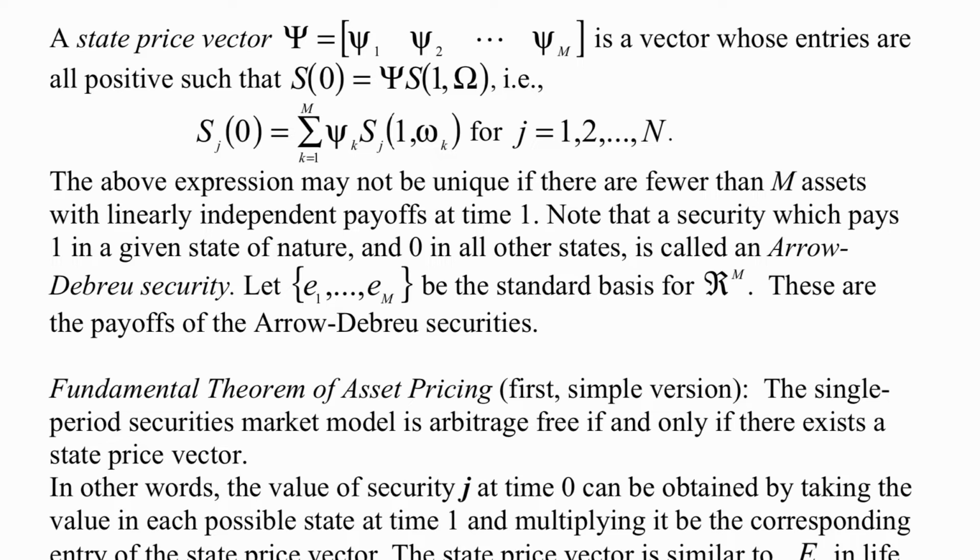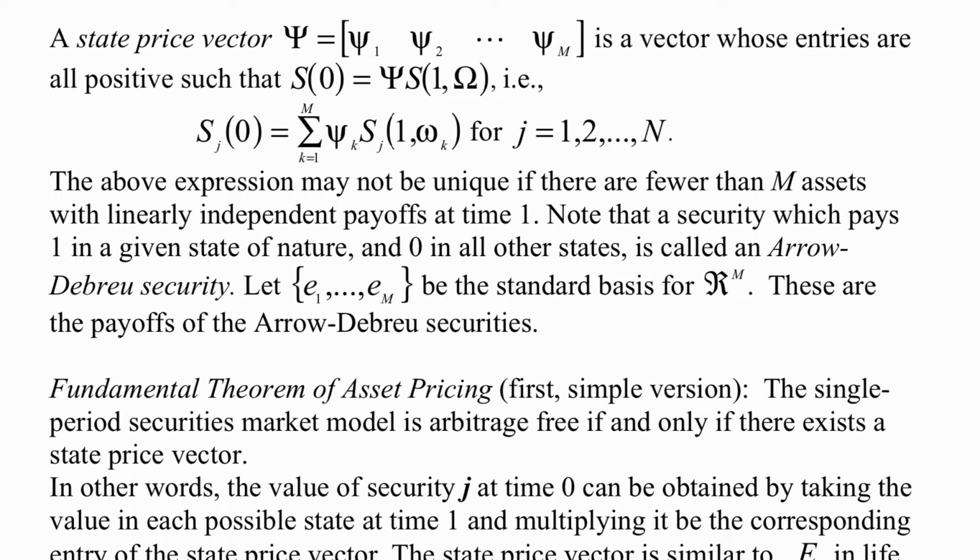So this is n securities, m states of the world, and the situation where you can get a unique solution is the situation where there are enough linearly independent securities to have m prices, just as many as the states of the world at time 1.